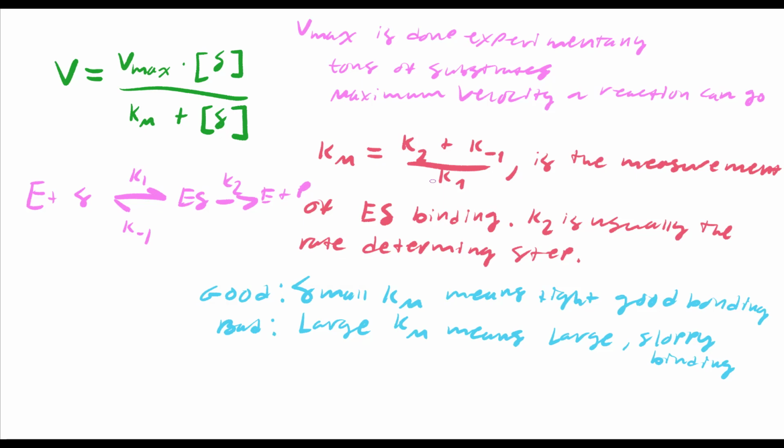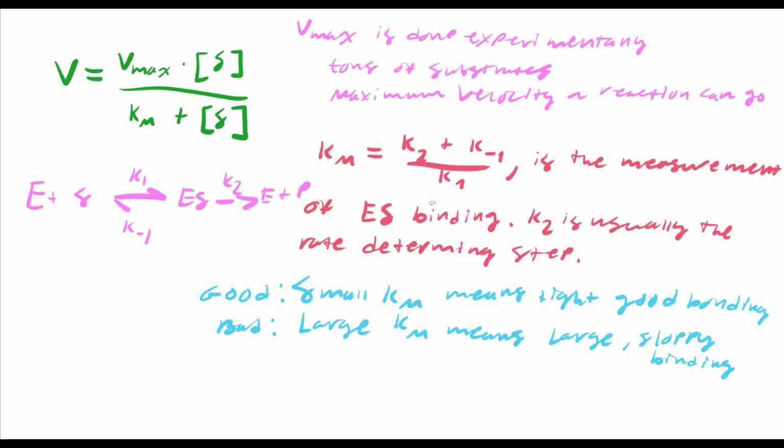However, if your K1 is very small, but the K negative 1 and the K2 are huge, that's going to give you a big number. So if K2 plus K negative 1 adds up to 10, but K1 is 1, Km is equal to 10, and 10 is a big number. So that would make a large sloppy binding.